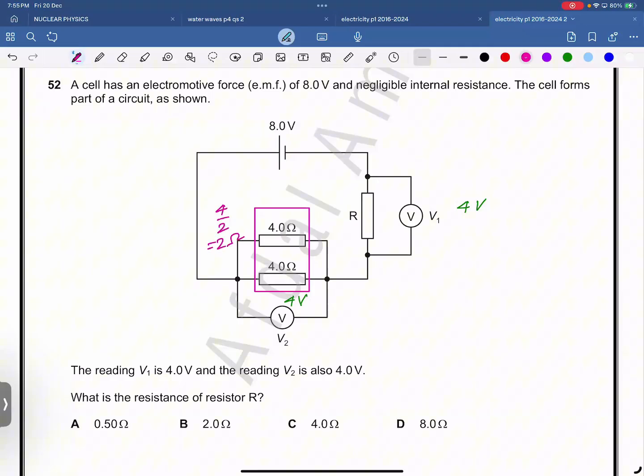If this is 2 ohms, so this will also be 2 ohms. Why? Because V1 over V2 is equal to R1 over R2. So 4 over 4 is equal to R1 over 2. So it is 2 ohms. Easy question. Voltage shares are equal, so their resistances are also equal. So answer is 2.